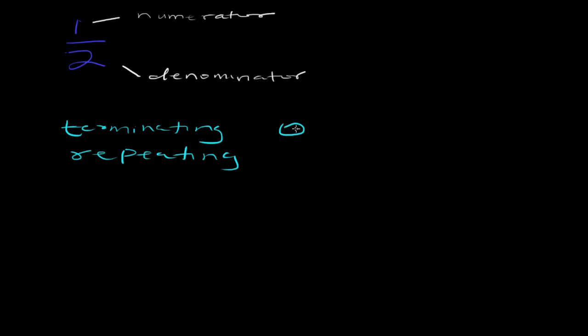If you have a decimal like 0.24, it is a terminating decimal because it starts from somewhere and it ends at the 4. It does not continue. But you can have another decimal which is 0.5555, on and on and on. It doesn't stop. So this is a repeating decimal, and we write that this way.